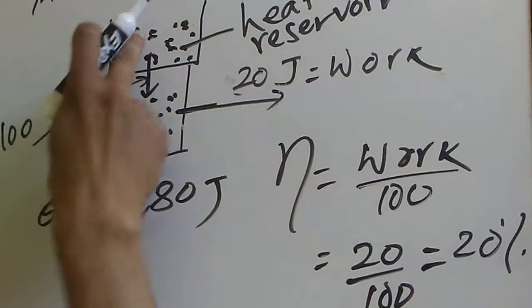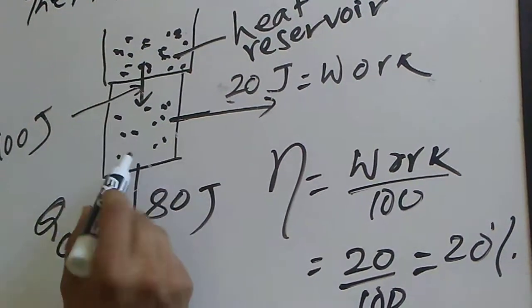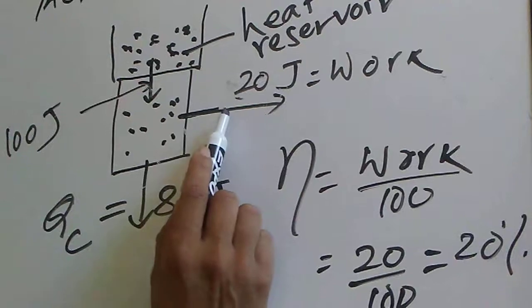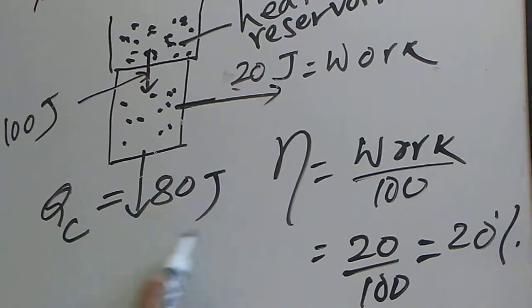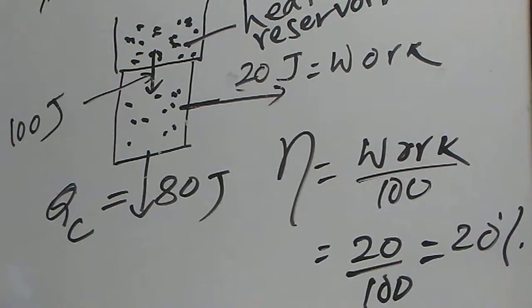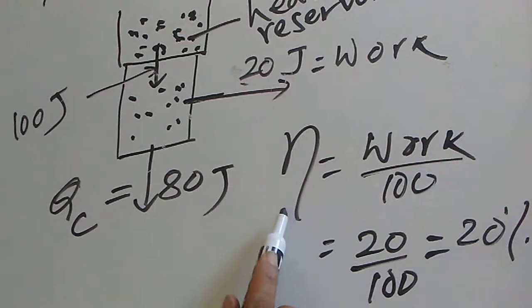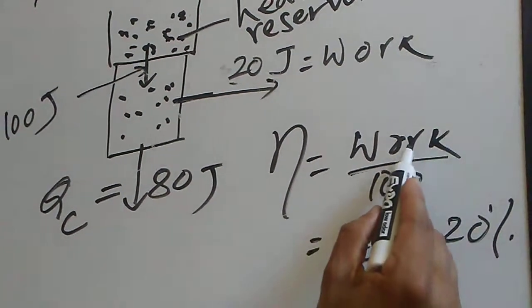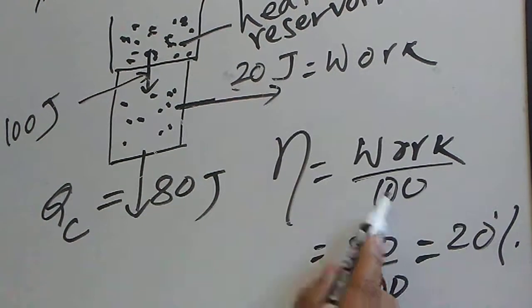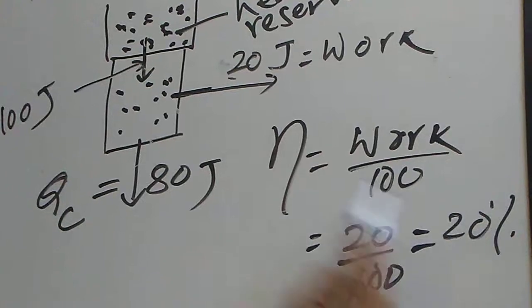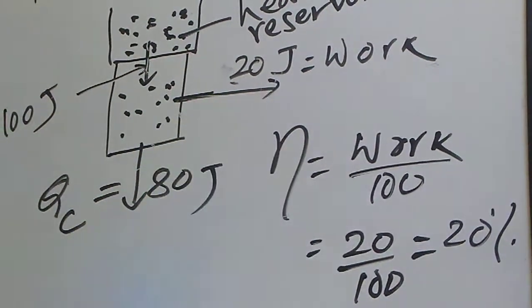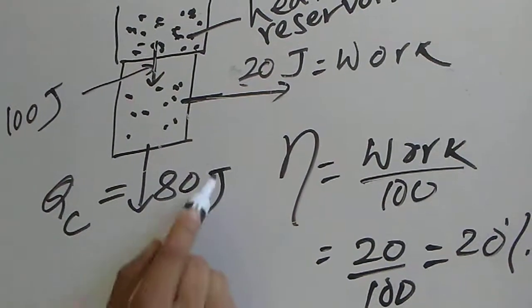About 100 joules of heat energy is absorbed by this heat engine, and only 20 joules is used to drive the car, but 80 joules is lost to the environment. The efficiency is the work we produce divided by the heat we absorb, which equals 20%. This is the investment, this is the useful work we got, and this is the waste.